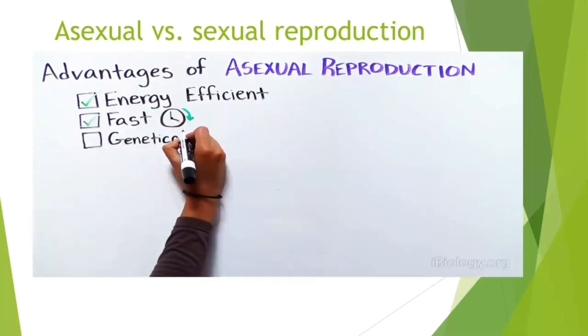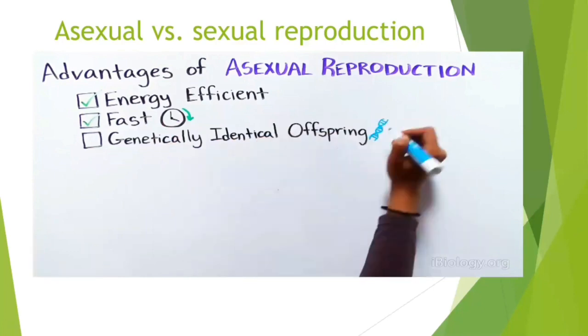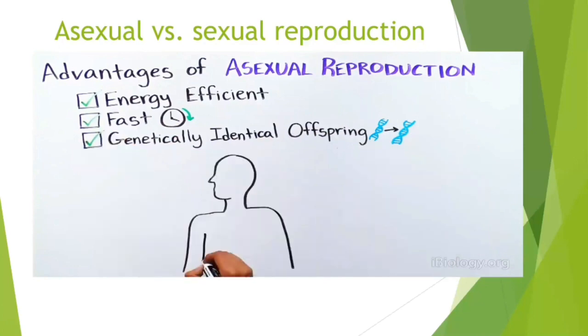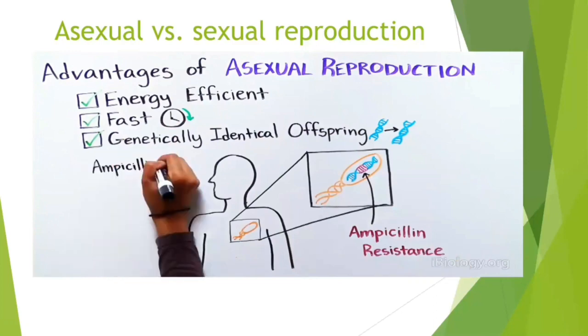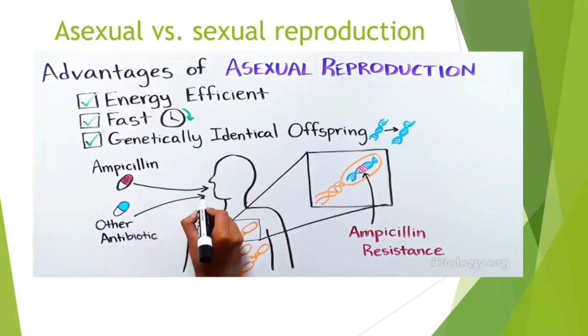And three, it produces offspring that are genetically identical, an advantage in stable environmental conditions. For example, bacteria that carry an ampicillin antibiotic resistance gene will continue to grow in patients prescribed this antibiotic. Conversely, because asexual reproduction results in genetic clones, these bacteria would all die if the patient was treated with a different antibiotic.